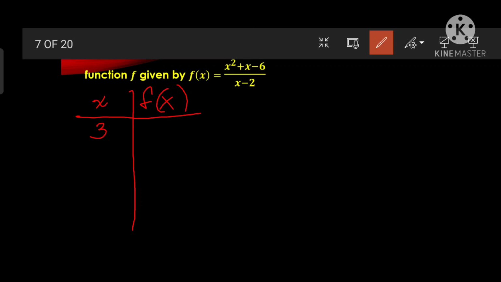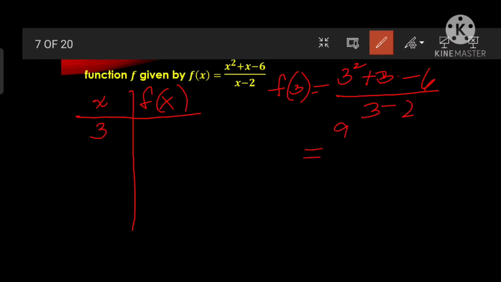So we have f of 3 equals 3 squared plus 3 minus 6 all over 3 minus 2.